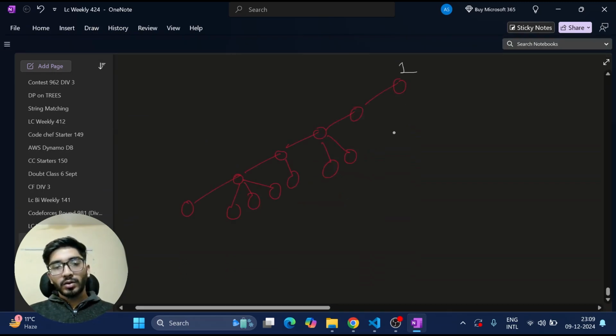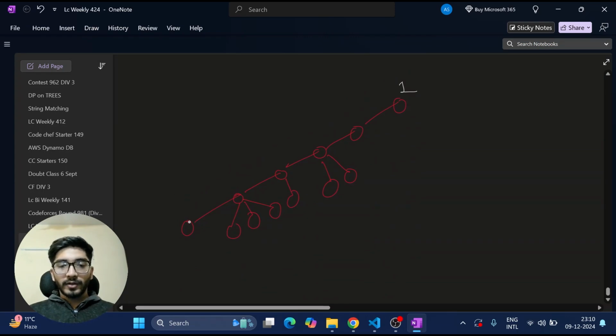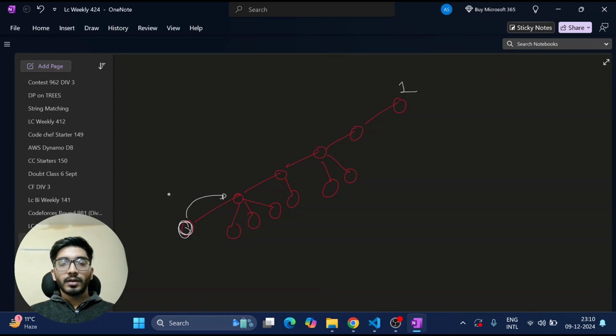This is our node 1 and we are starting from this point. So this is particularly our odd node. I know this will cost me just 1 move because I'm going to go in the right direction, and this dotted path is my correct path that I should follow to reach my node number 1.